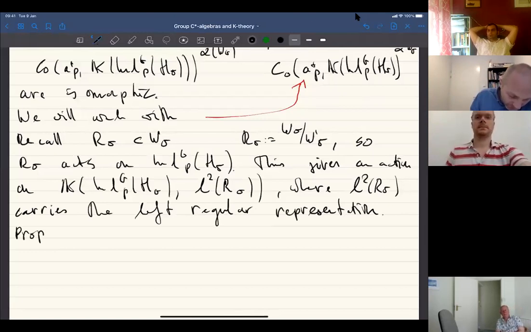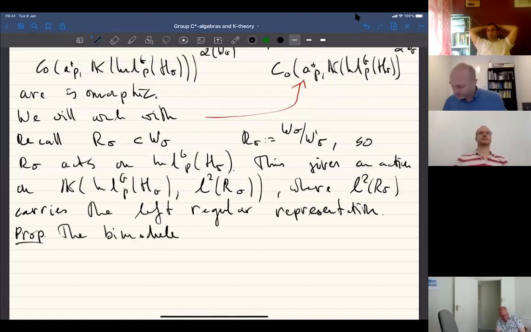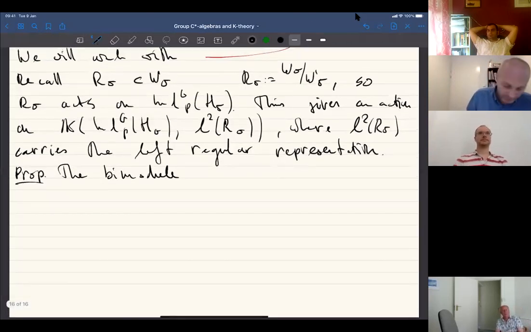Now let me state this as follows. You can look at the following bimodule.